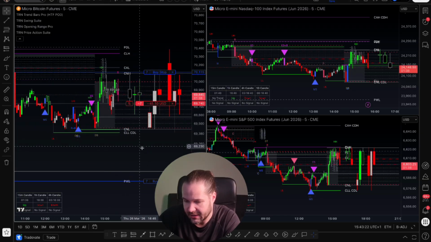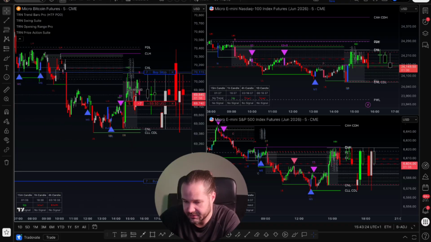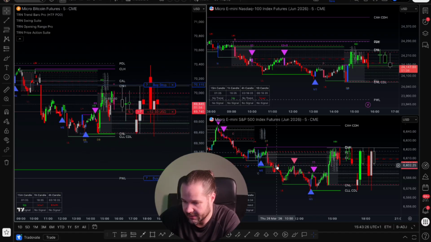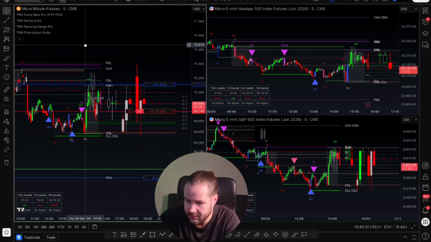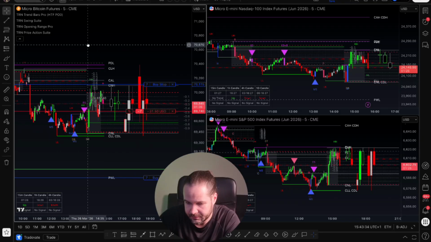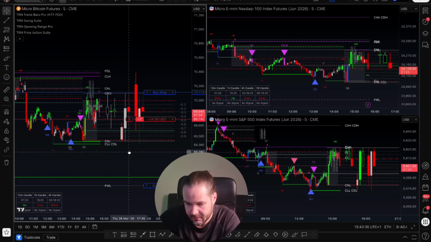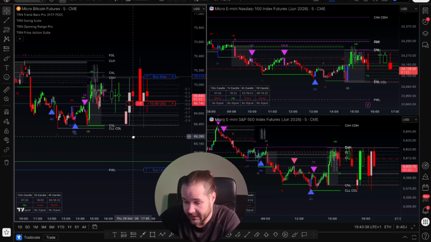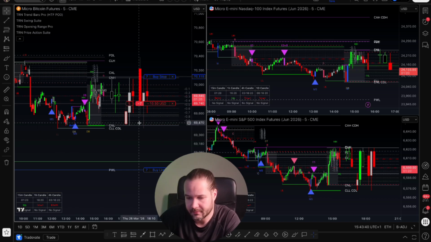As you can see, the chart structure today compared to ES and NQ looks quite similar. So I see a stronger correlation today.